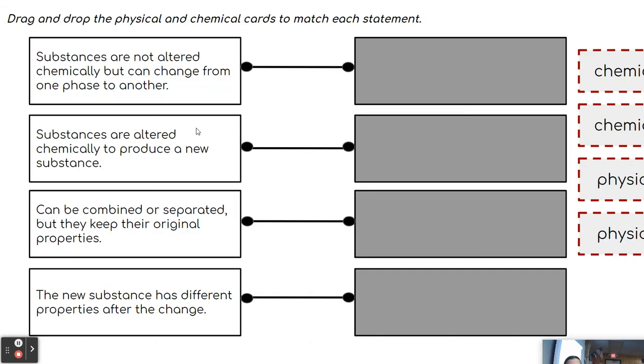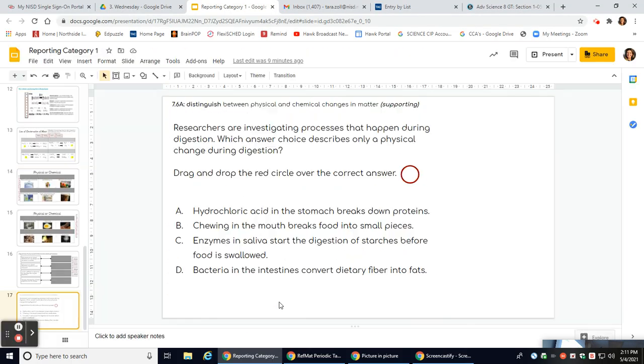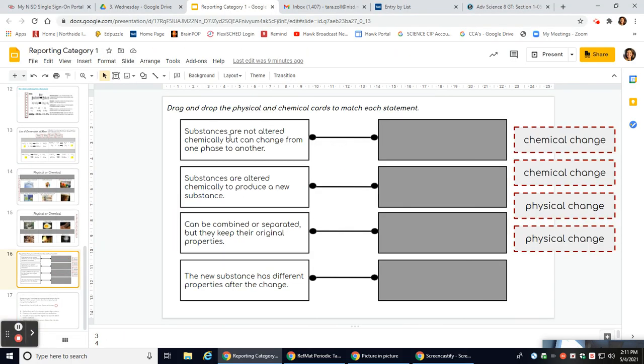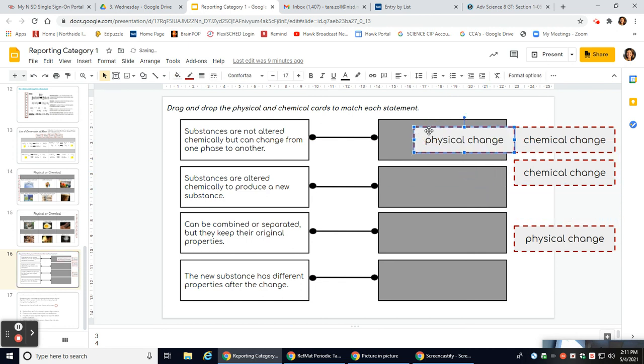All right, let's drag and drop the physical and chemical cards to match each statement. So here, substances are not altered chemically, but can change phase from one to another. That would be a physical change because you're not altering, you're just changing the phase, a solid, liquid, or gas.